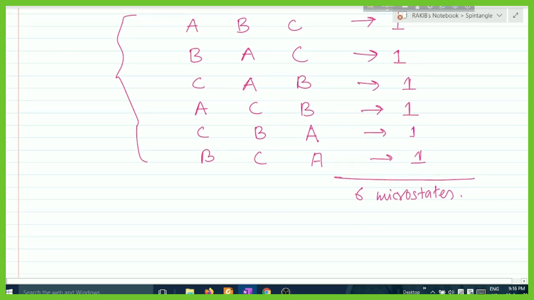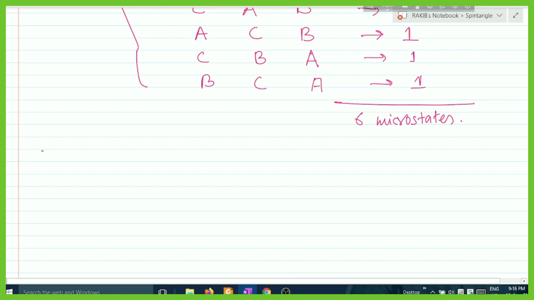Okay, if there were 2 particles to distribute, 2 distinguishable particles, A and B, and you have to distribute them in 2 boxes.